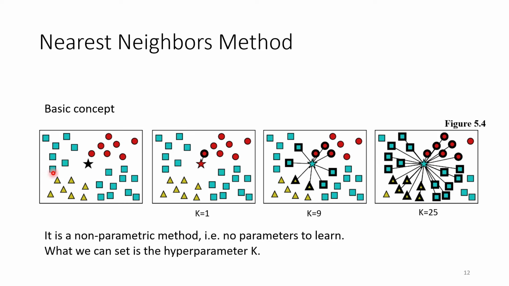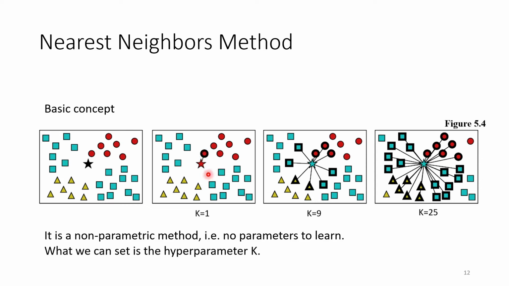Assume this is a two-dimensional example, and there are some existing training examples, and each has its own label. There are three types of classes: triangle, circle, and square. The nearest neighbor method means, given a test input, we want to label it. How to do it? Just find its nearest neighbor.